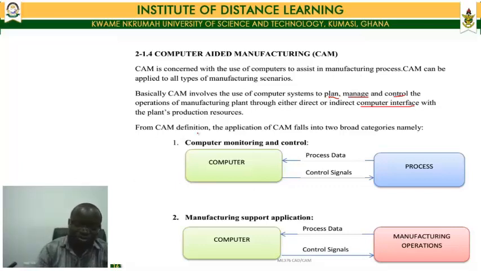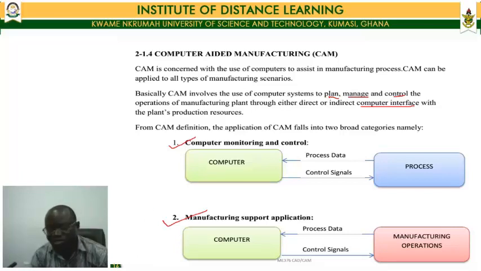The first is computer monitoring and control, and then you have manufacturing support applications. Now, basically you are using the computer to control a process. To control a process, of course, you will need process data, and with the help of control signals, you are able to control the process.